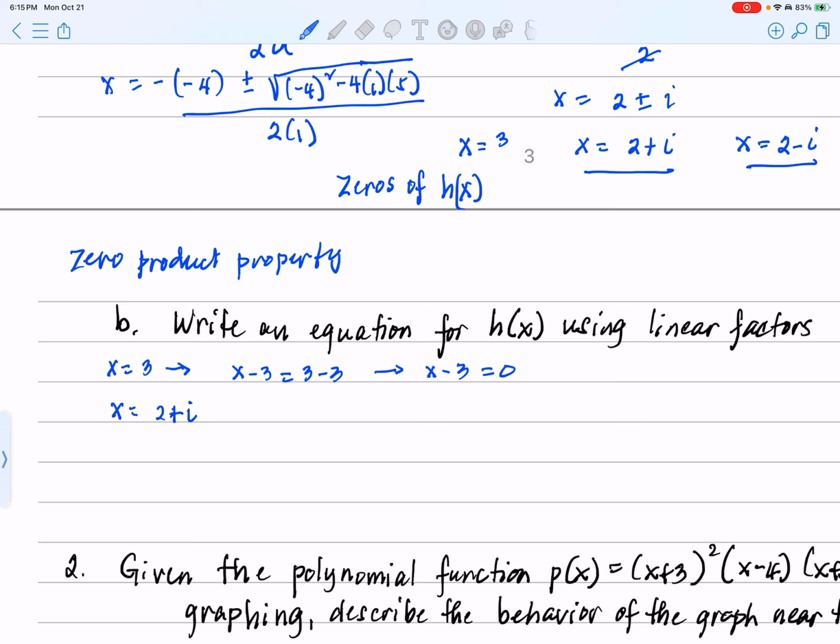So subtract 2 and i from both sides. So if I subtract 2 and i, let's say x minus 2 and minus i would be equal to 2 plus i minus 2 minus i.